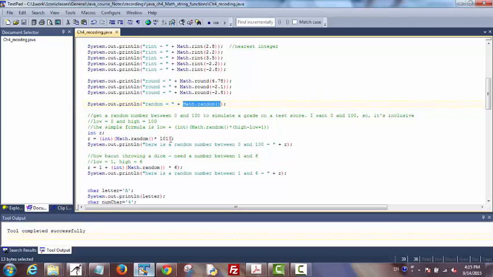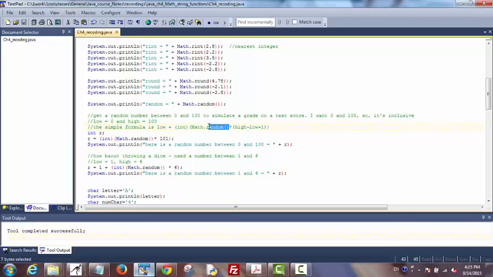Now sometimes we want to create a random number between two numbers. Let's say I want to generate random test scores. Well, I know they have to go from 0 to 100. So this is a real nice formula. Essentially you take your lowest number, in this case 0, and convert, which is a way to change the type of whatever follows to, in this case, int.